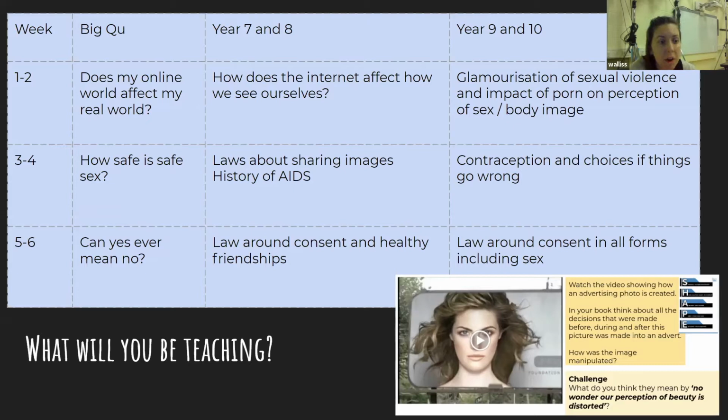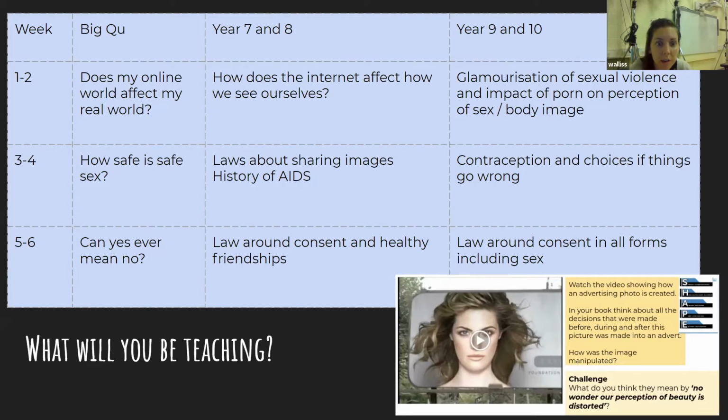With weeks 5 and 6, the big question is, can yes ever mean no? This is all about consent. With years 7 and 8, we will talk about consent in all settings. We will talk more broadly about any type of relationship, so healthy friendships, healthy relationships, relationships with older people.